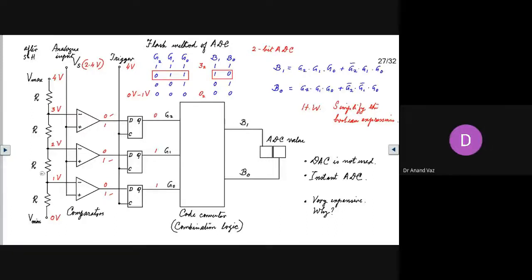When your signal is in the range between 1 and 2 volts, you will get this bit pattern, and this corresponds to 1.